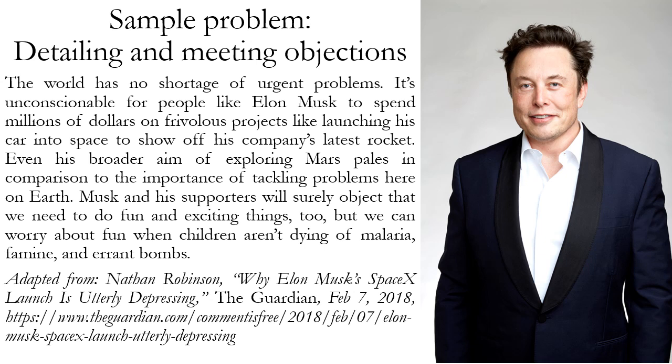There's entertainment, you could think of that as fun and exciting, but there's other things too, right? Like there's art, there's literature, there's religion. People give money to all kinds of causes other than the one cited at the end, saving people from disease, famine, and warfare. So you would want to mention all of that to make that objection stronger.